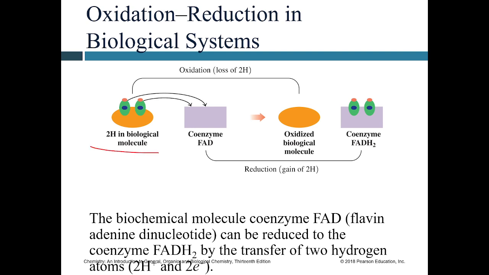And so the 2H in a biological molecule are going to get transferred to what's called a coenzyme, FAD. This right here is an oxidation of that biological molecule. FAD is reduced and is now carrying that reduction capacity, because of the hydrogen.